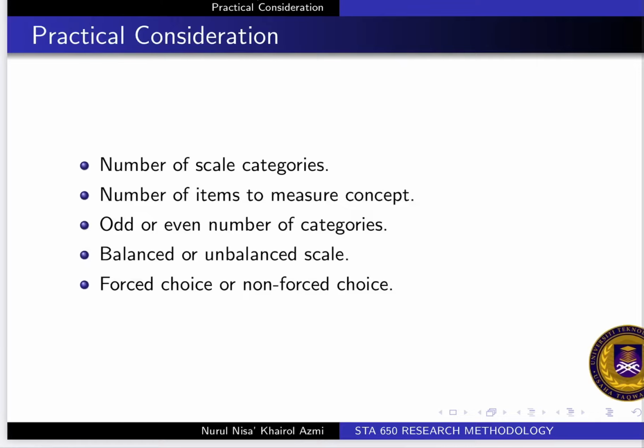However, there are reasons one might prefer an even scale over an odd one, wherein there is no middle category, there is no neutral, so the respondents are forced to either agree or disagree. If disagree, whether it is only disagree or strongly disagree; if agree, whether it is just agree or strongly agree.